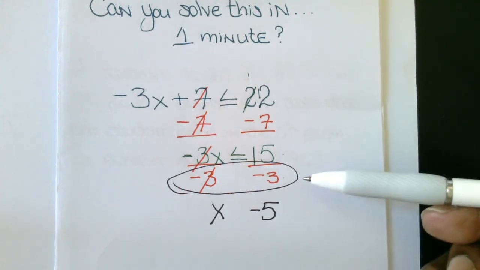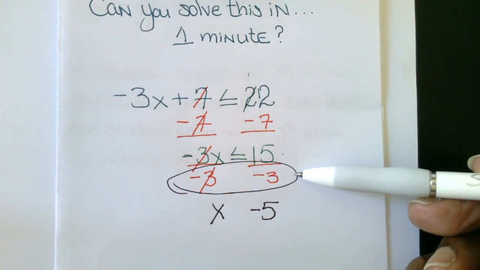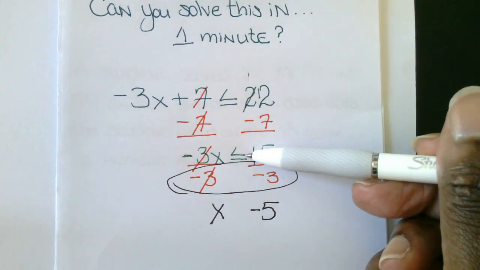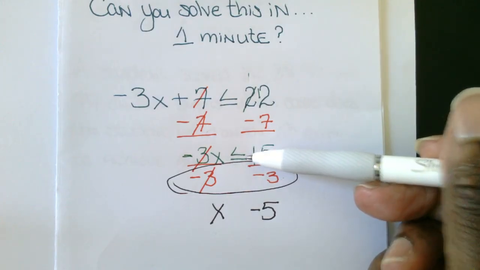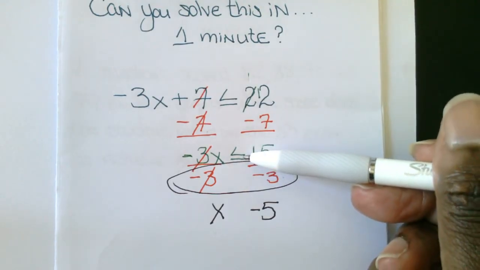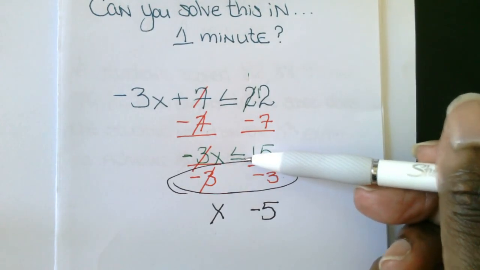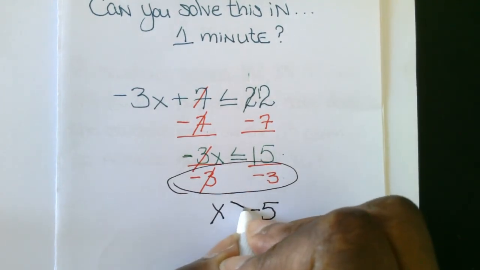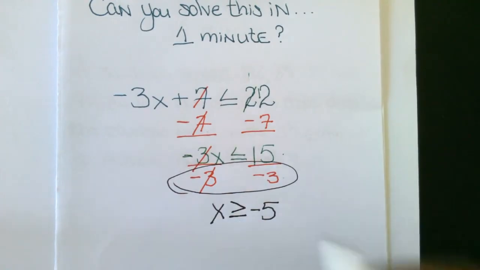So anytime we divide by a negative number, the inequality sign has to change direction. Not when we're subtracting, just when we're multiplying or dividing. So instead of a less than or equal to sign, it's going to be a greater than or equal to sign. Okay? Taranja, thank you.